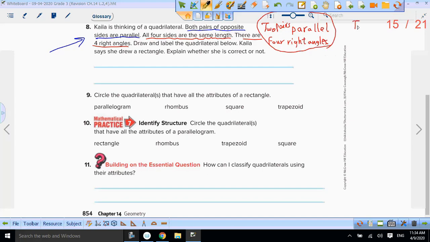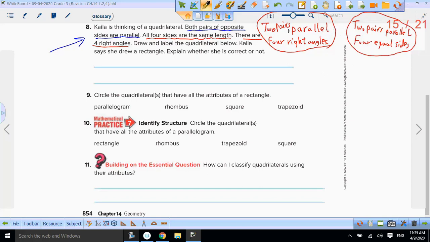If I say 2 pairs of parallel and 4 equal sides, it is now a rhombus. If I say 2 parallel sides only, it is a parallelogram only.